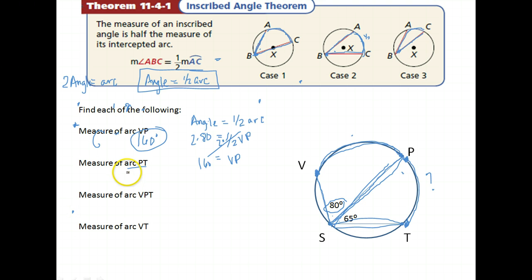Again, when you have an inscribed angle, it's equal to half of your arc. Our angle is 65, and that should be 1/2 of our arc PT. To get PT by itself, we multiply by 2, and that gives me that PT is 2 times 65, which is 130.